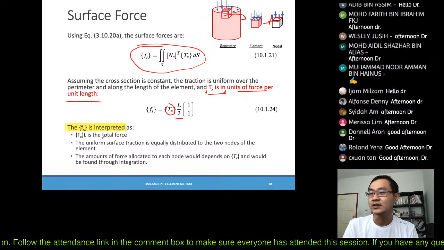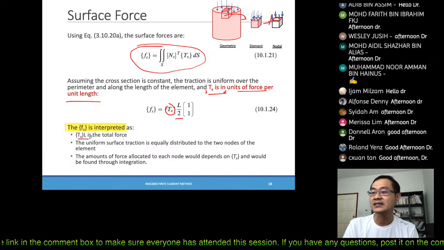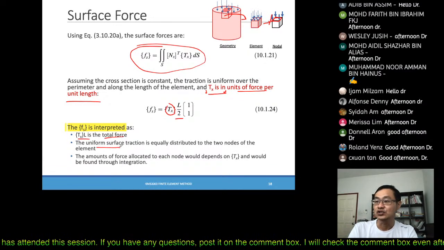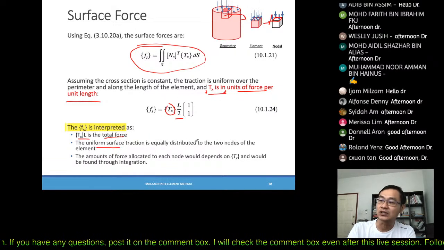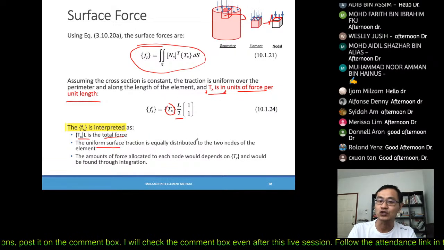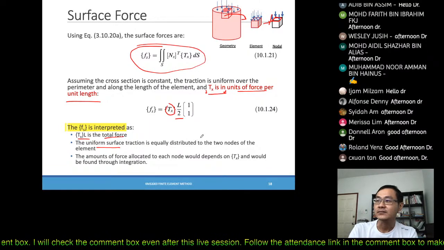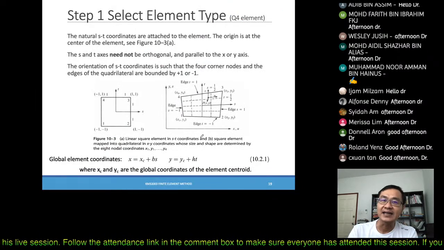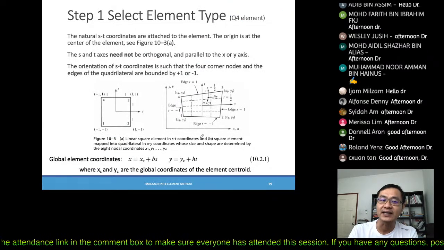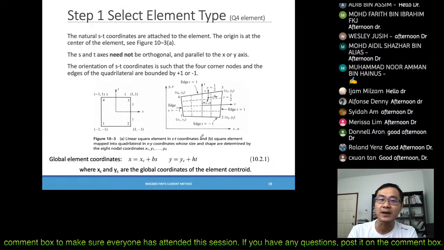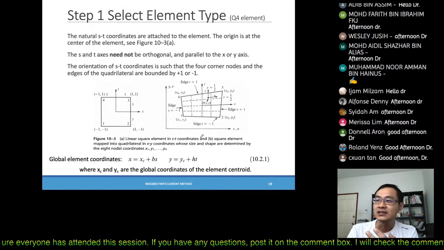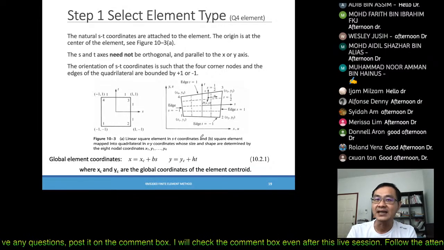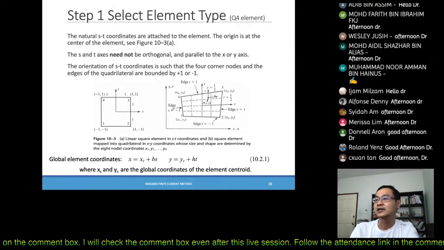So this TxL is the total force, and it is uniform surface traction distributed between the two nodes of the element. So don't worry about these two parts. It will just give you the idea of how the software works, since most software uses isoparametric formulations. That is what the software actually does behind the scenes.